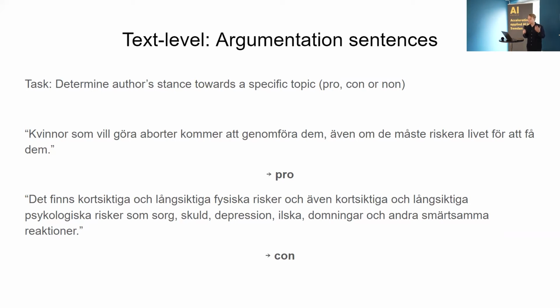So that's a pro-abortion or pro-availability of abortions stance. So that's why you would label it as pro. And then the one below here talks more about how there are short-term and long-term physical and psychological risks with doing an abortion. So it's labeled as con. So the task is to determine the author's stance towards a specific topic.